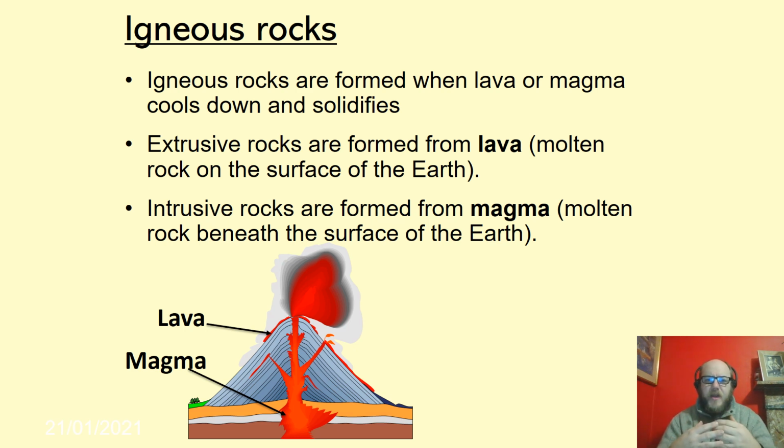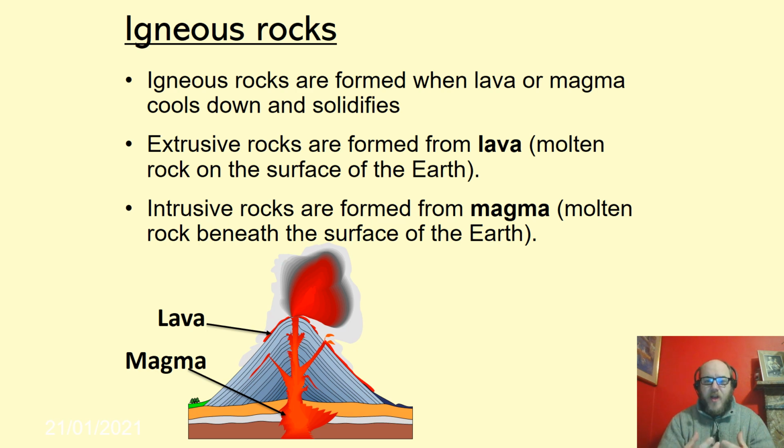Sometimes this magma will escape, and this magma, when it escapes, will become rock. Before it becomes rock, it becomes lava. Lava is any part of the molten rock that's come out into the world.